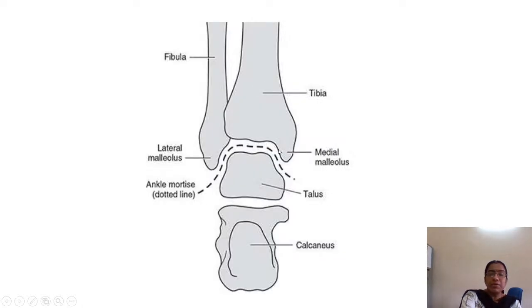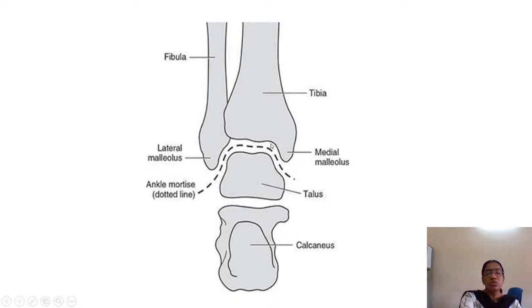Above the articular surfaces is the medial malleolus, and the lateral malleolus with the inferior aspect of tibia and fibula. So these are forming what is called the mortise. Mortise is like a groove. So if you have seen the medial malleolus, inferior aspect of the tibia, inferior aspect of the fibula, with that of the lateral malleolus, it is forming a groove.